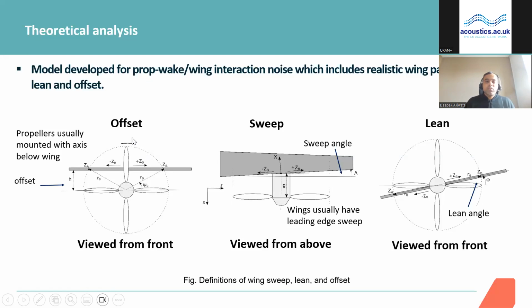The first one shows the wing offset, where the propeller axis has an offset with the wing, which is defined here by H. The wing may have a sweep, that means the wing might be swept back compared to the propeller plane of rotation, which is shown here when you look from above. And again, the wing may have a lean, which you see when you look from the front, and this can be represented by a lean angle, which is capital phi.